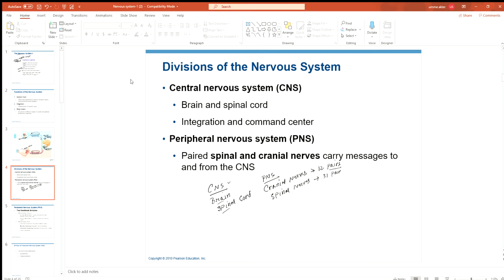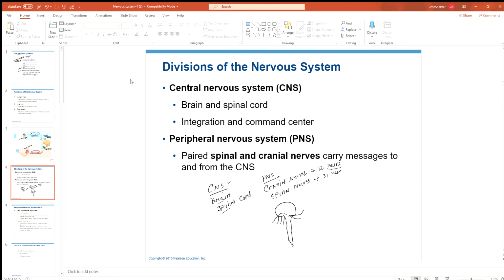So if this is your brain, this is the spinal cord going down, and cranial nerves are attached to the brain. So these are cranial nerves.